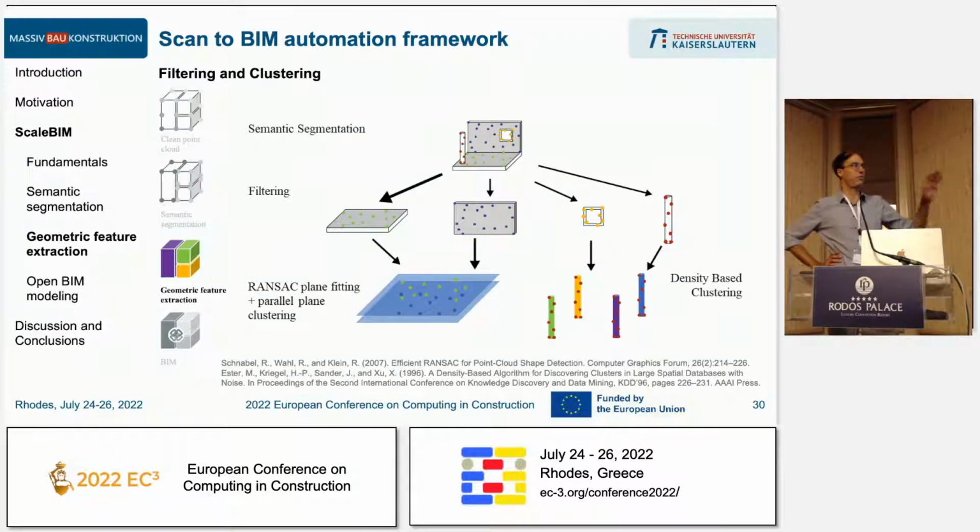For walls, for example, we use RANSAC plane fitting, fitting planes into the data, and then by assessing planes that are oriented the same way, so that are parallel to each other, and that are below a certain distance threshold, you can assume that these form one object. For other objects, like columns, windows or doors, density-based clustering approaches have proven to be pretty reliable to group single objects together.